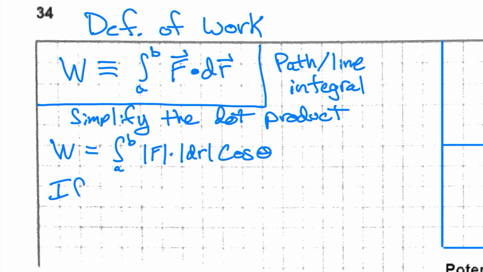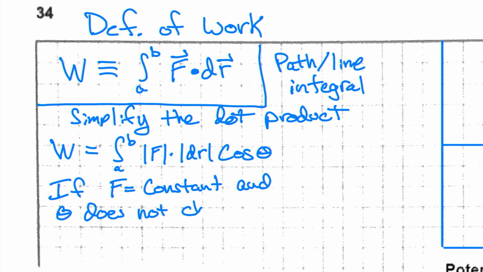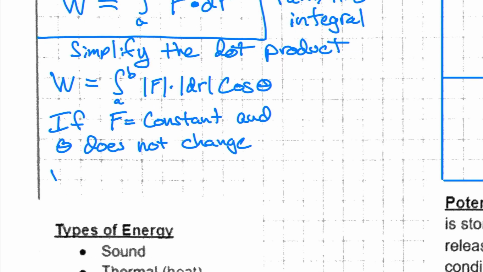And if the force is constant and theta does not change, that means the angle between the force and the path of motion doesn't change. If that angle is constant, then the work done is equal to the force, which can come outside of the integral as a constant.